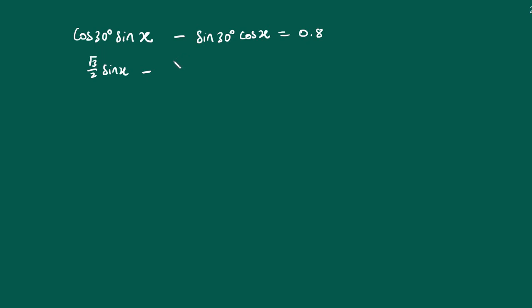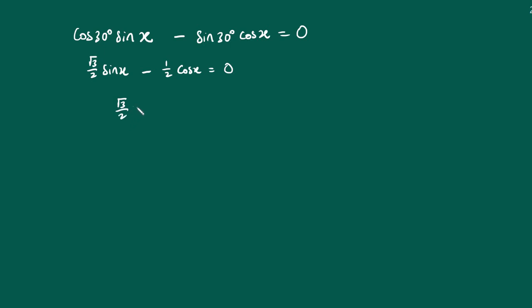Then sine 30, I think should be 1 over 2 cos x. Right. Then now that it's like this, what do you do? Okay, you shouldn't really have this. This is just a problem I came up with from my head. It should actually be 0 there. Okay, 0.